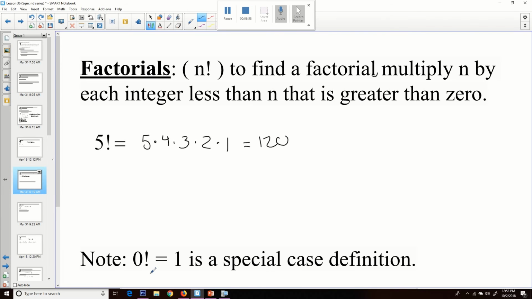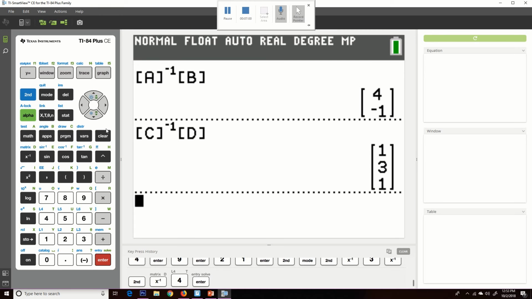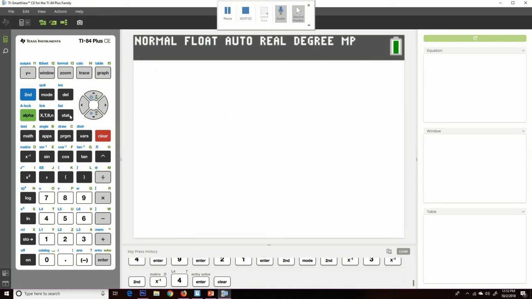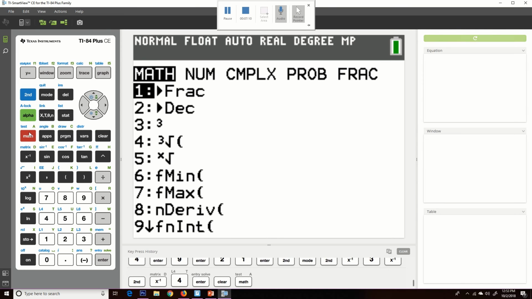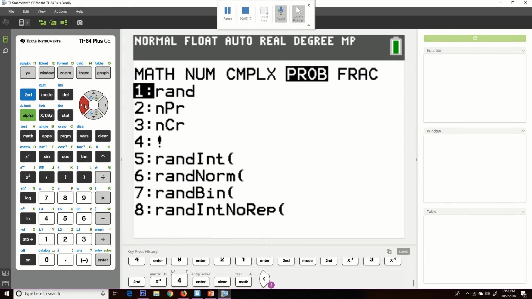Now you can do this in your graphing calculator. So if I clear all this stuff out and I say to my graphing calculator, I want to do factorial, I'm going to hit the math button, and I'm going to go over to probability right here, because factorial weighs heavy onto probability, and we can see right here that the fourth one is our little factorial exclamation point.